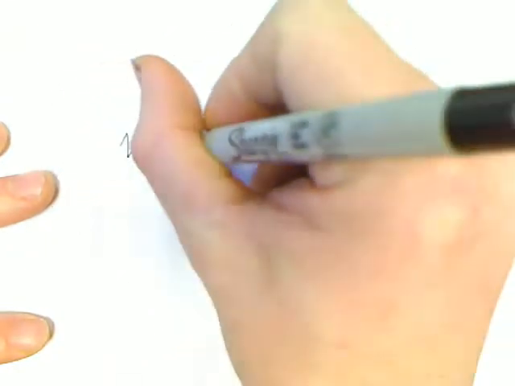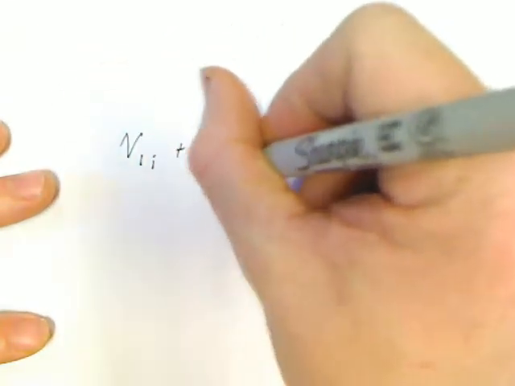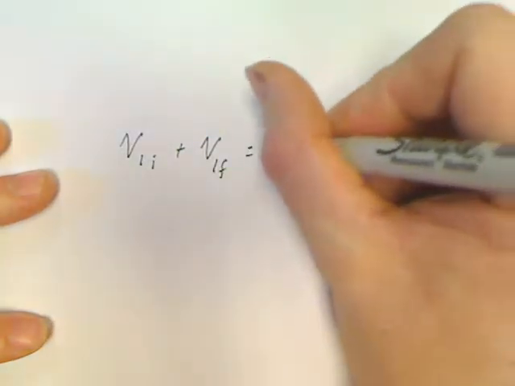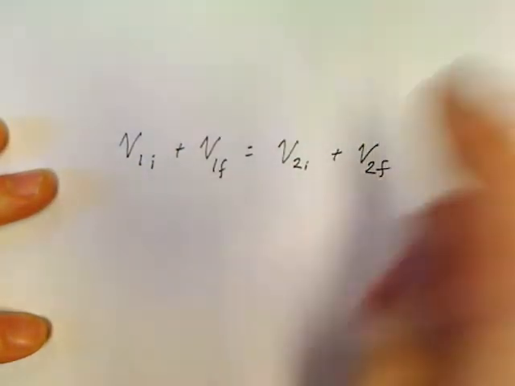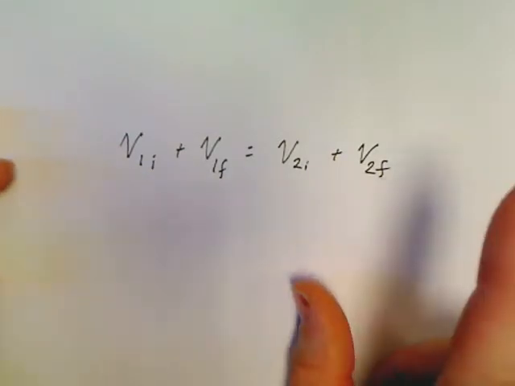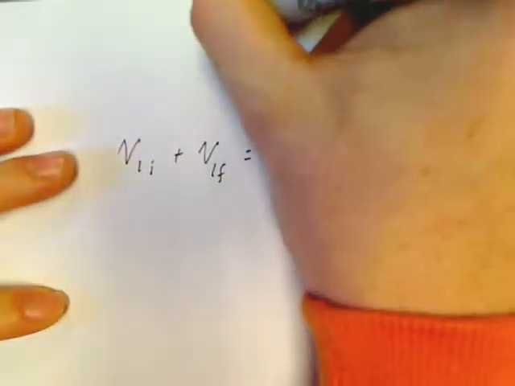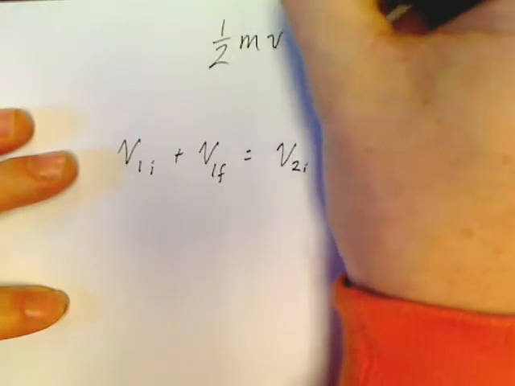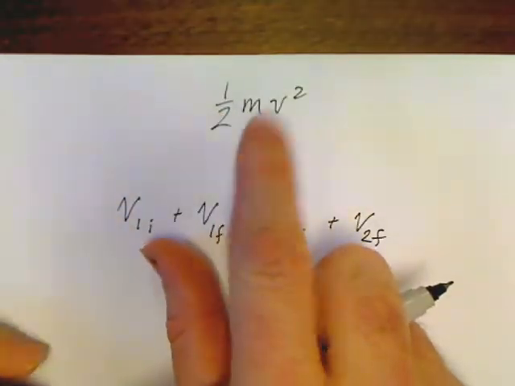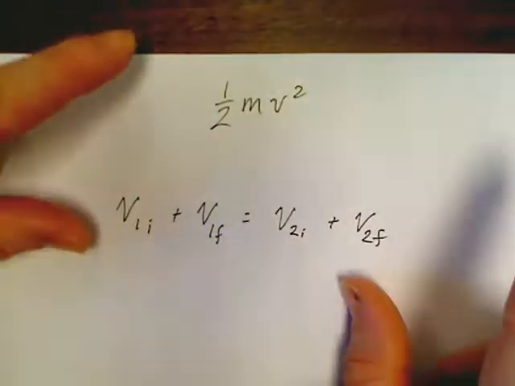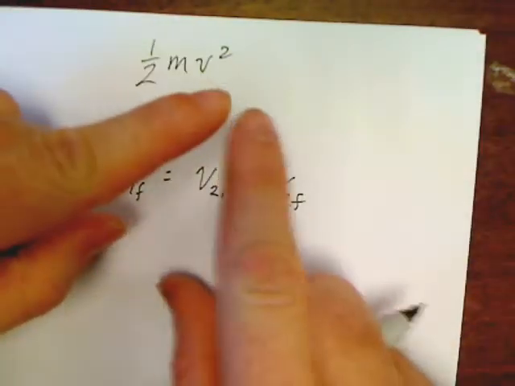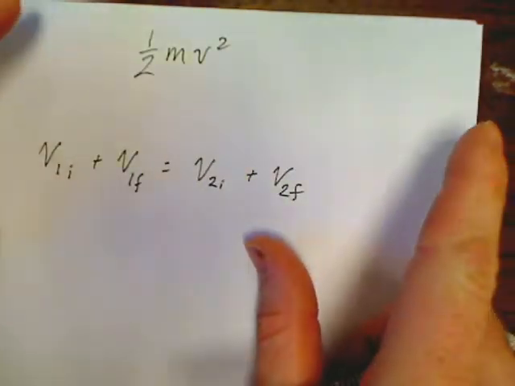V1 initial plus V1 final equals V2 initial plus V2 final. This equation is derived from the fact that there is no kinetic energy, 1/2 mv squared, lost in a perfect elastic collision where two things hit and bounce and no energy is lost.